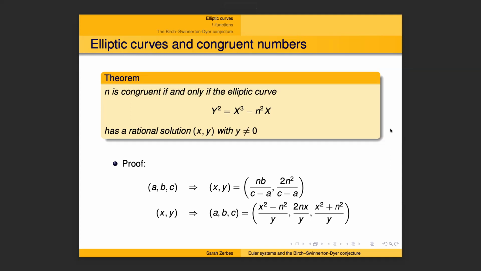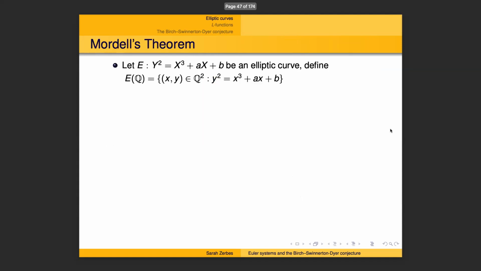And conversely, if you have rational numbers x and y with y not equal to 0 which satisfy the equation, then we can write down a Pythagorean triple with the right properties. Okay, so I hope this convinces you that studying rational points on elliptic curves is really something worthwhile thinking about. So let's have a closer look at elliptic curves.